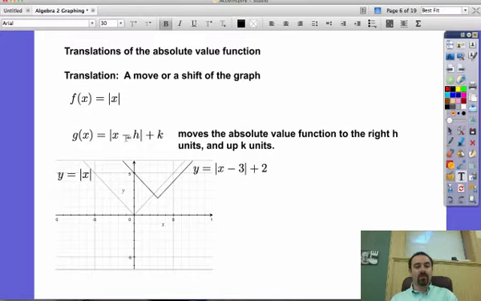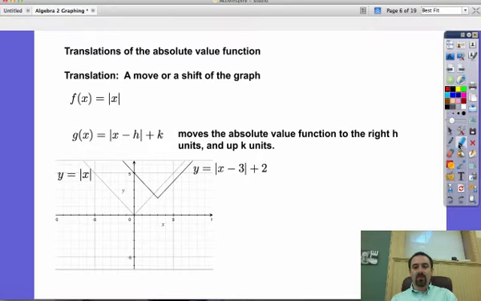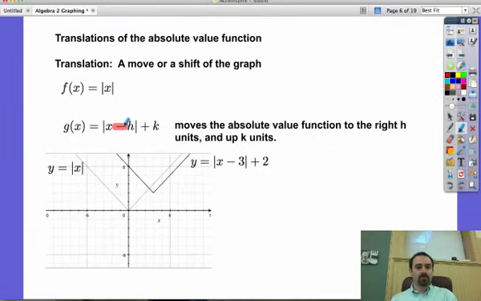Now, something to take a look at here is that minus h moves it to the right, whereas plus k moves it up. It's kind of backwards. So plus h would move it to the left, and minus k would move it down. So it does go kind of backward. The x's always work kind of in the way you don't expect them to. It always works in the opposite direction.